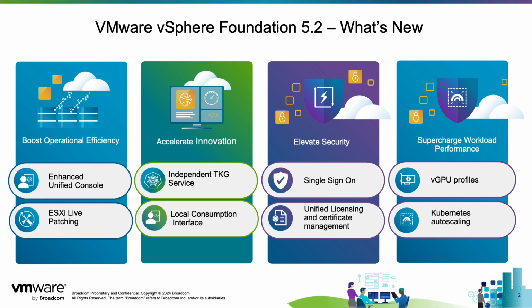Okay. I'll spend a couple of minutes on the last two features in the workload performance domain. So vGPU profiles. I didn't put a lot of detail on this slide, but we introduced heterogeneous vGPU profiles a year ago, being able to share GPU profiles for VDI workloads and other workloads.